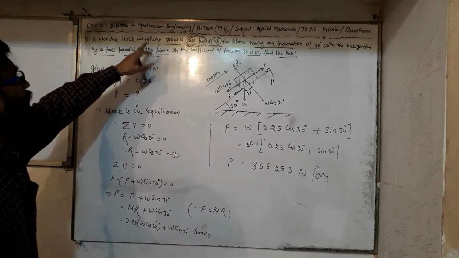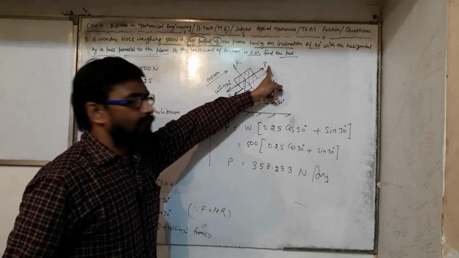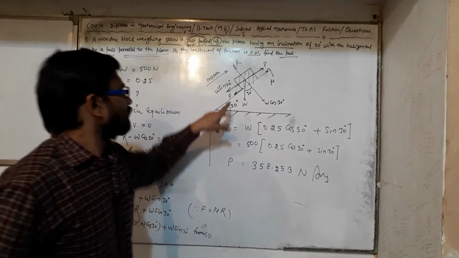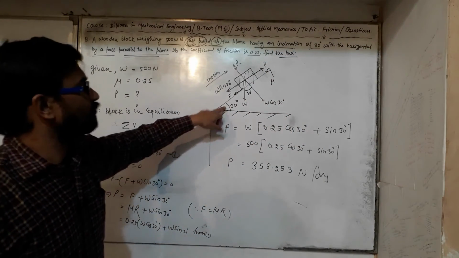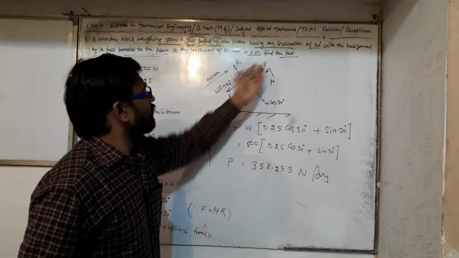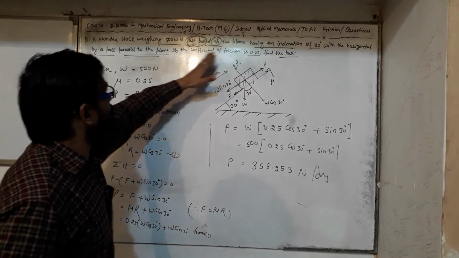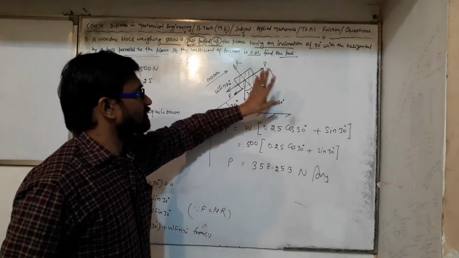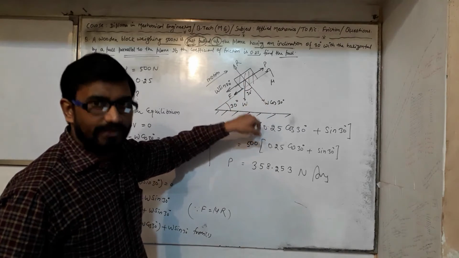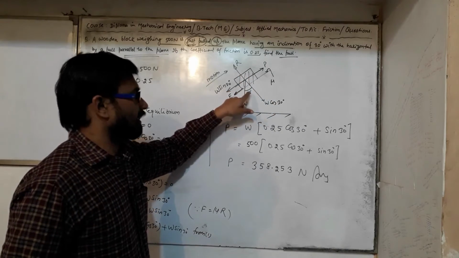A wooden block weighing 500 Newton is just pulled up by the force P, with an inclination of 30 degree, the inclined plane we have already shown, with the horizontal force P along the direction parallel to the inclined plane. The coefficient of friction is 0.25, since the plane is not frictionless, between the block and the plane.